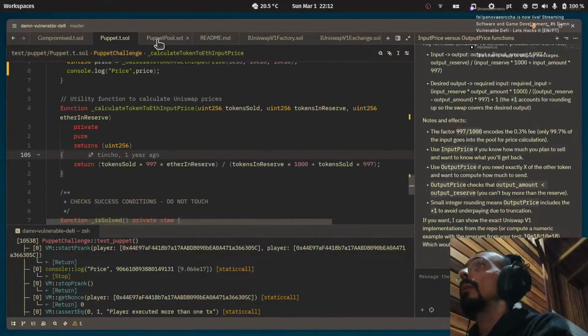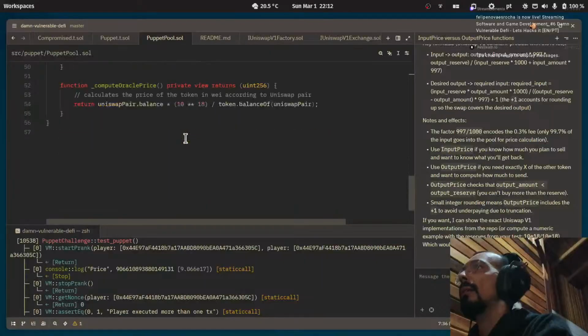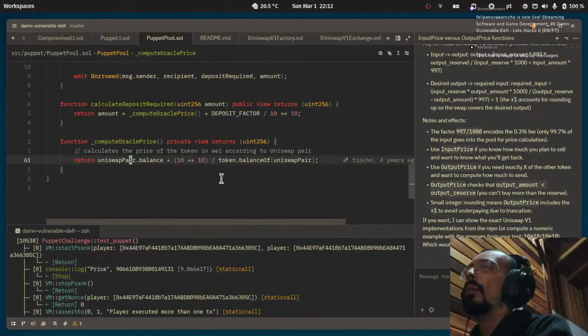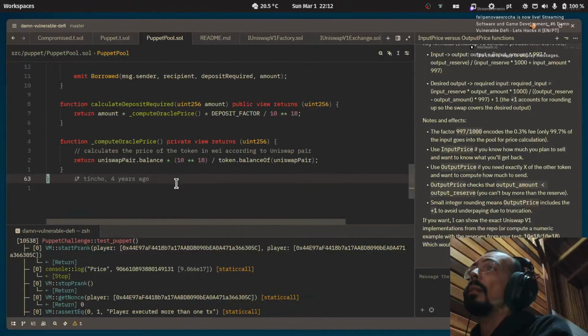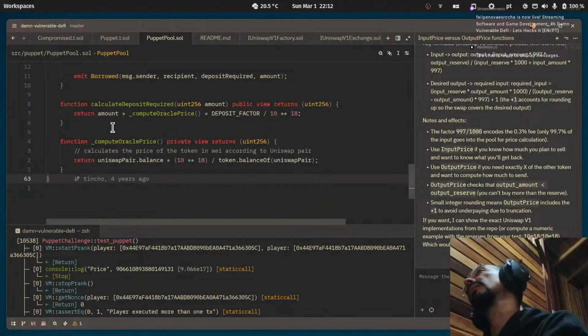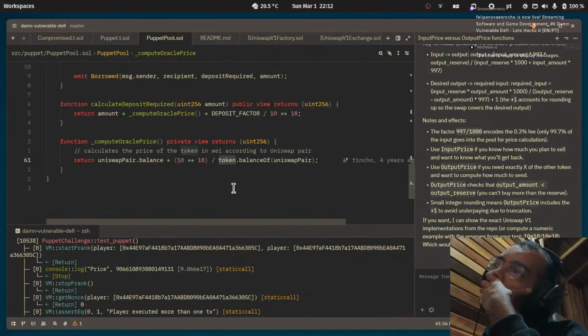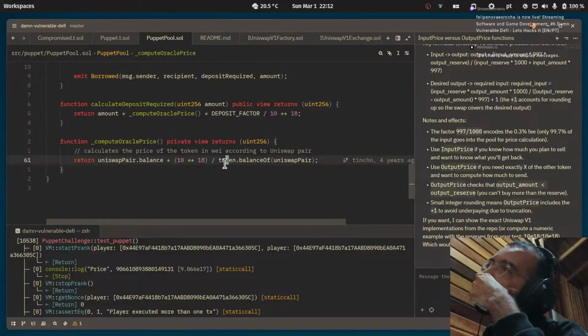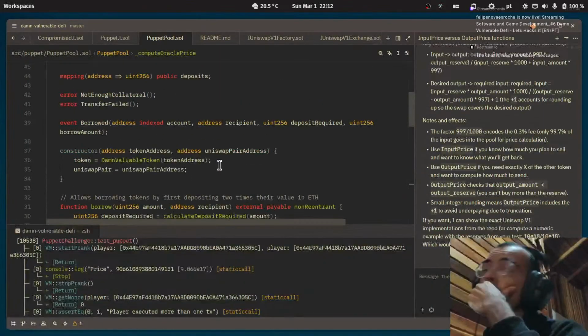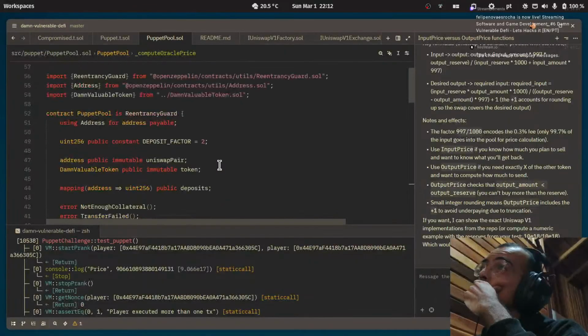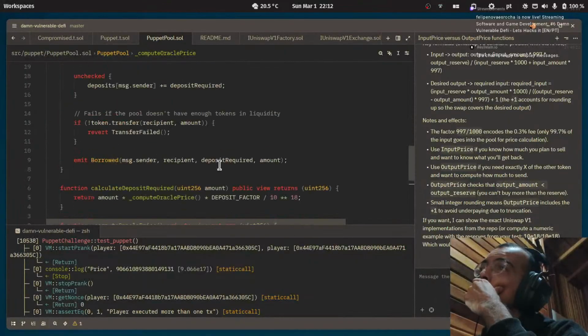So the catch here is the pricing defined here. How they calculate the pricing. It's calculated based on the token balance. Let me remember which is the token here. Token here is the token.